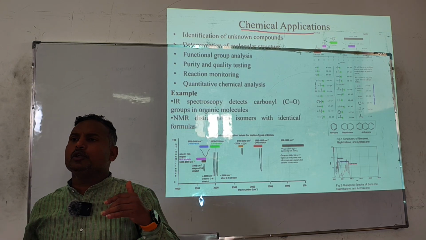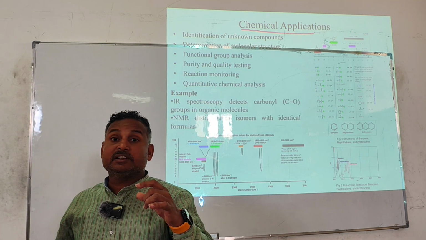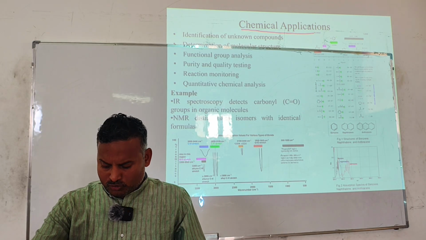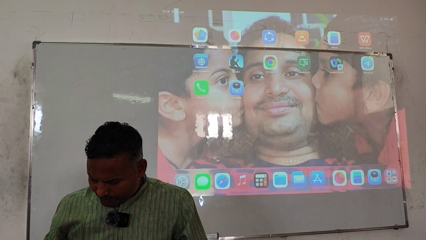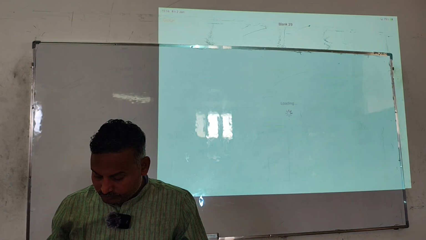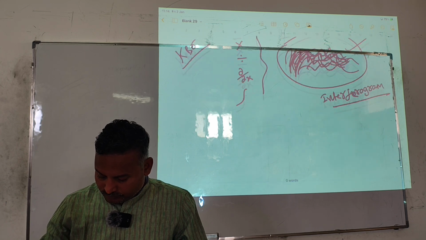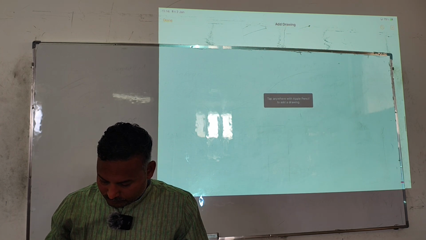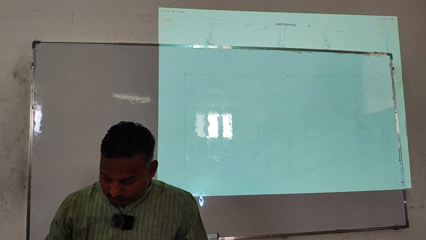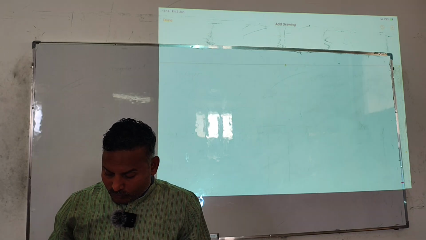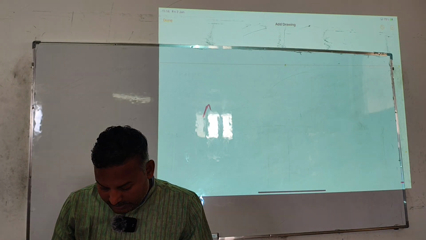For example, if you are doing synthesis of a particular compound. In the synthesis, usually there are steps.